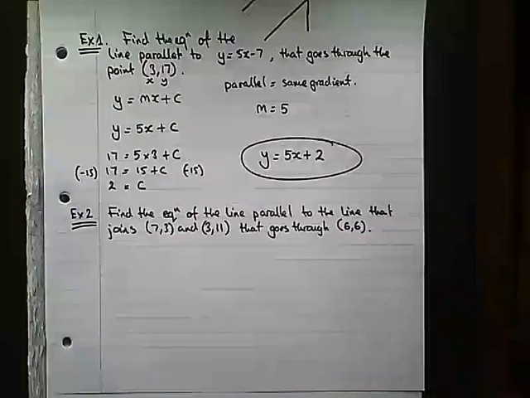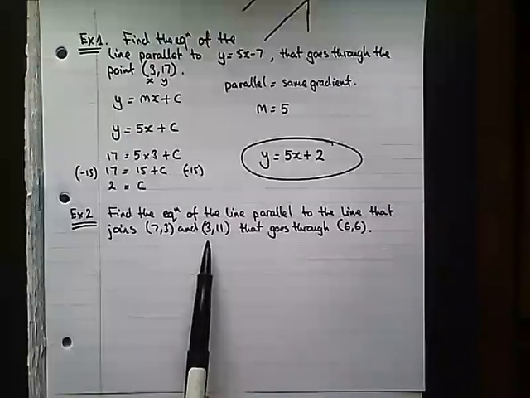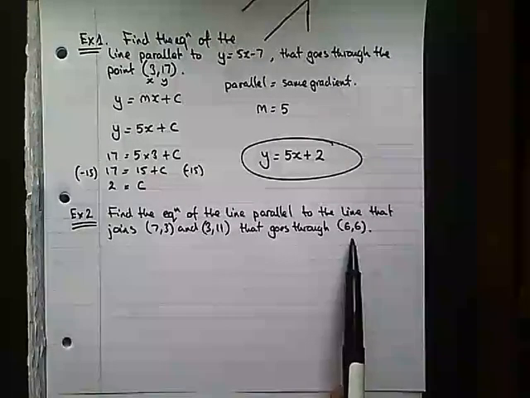So find the equation of the line parallel to the line that joins these 2 points, and it also goes through 6, 6.